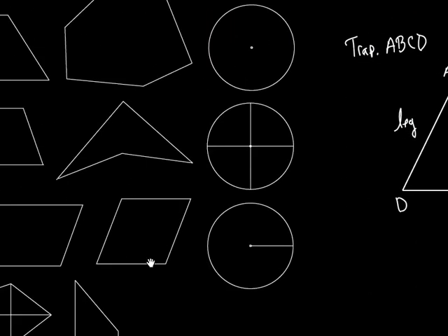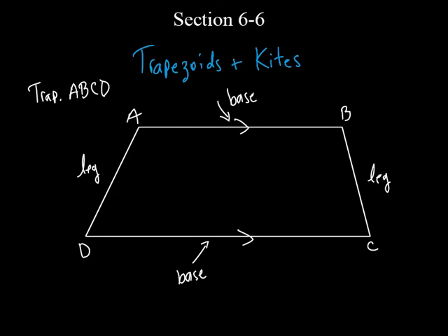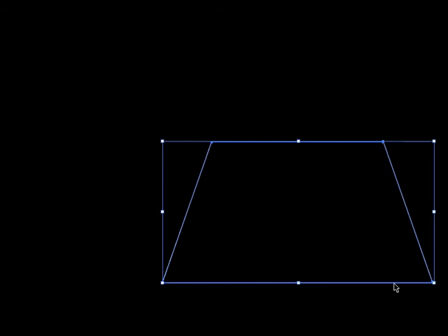But I'm going to grab another type of trapezoid, a special one. Here's a trapezoid, but this is a little bit more special. It looks like the two top angles are equal and the two bottom angles. Good observation.